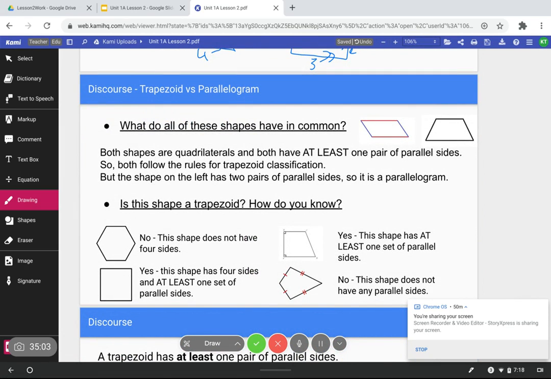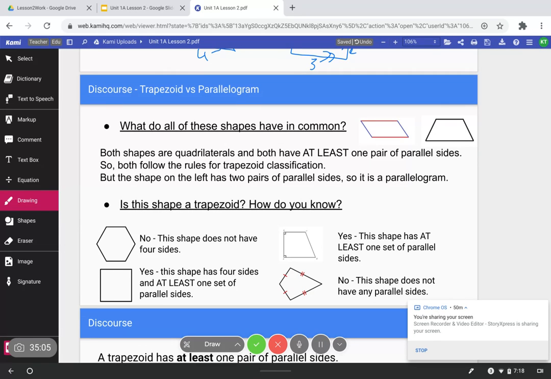What do these shapes have in common? So these two shapes, we can see this one is a parallelogram, and then this one is a trapezoid. Both shapes are quadrilaterals and have at least one pair of parallel sides.